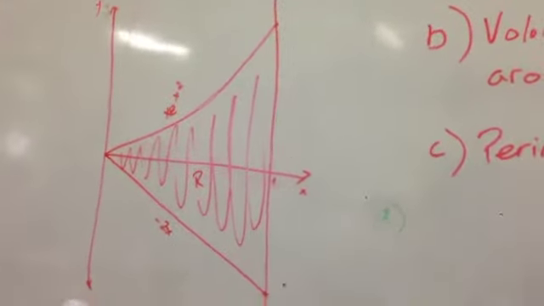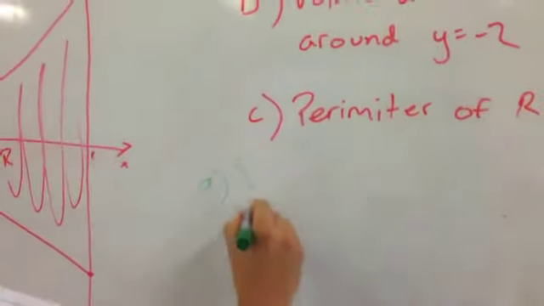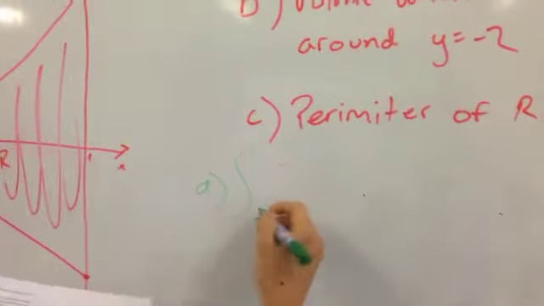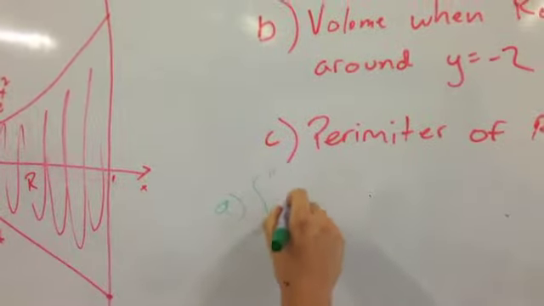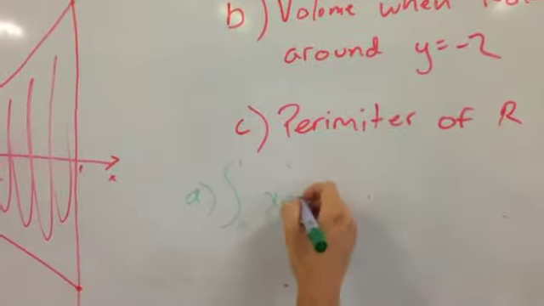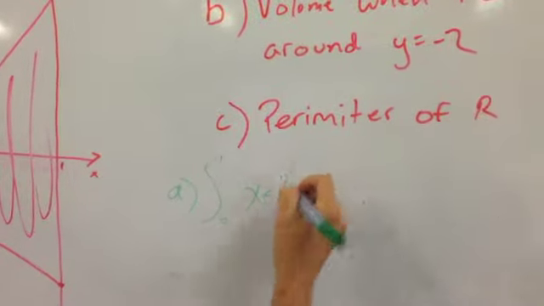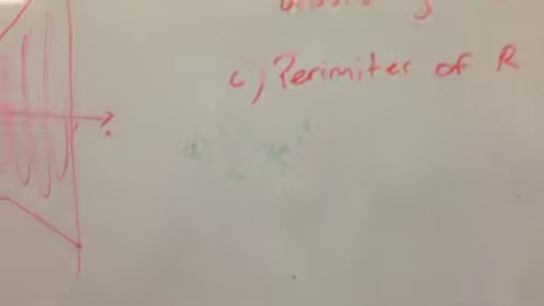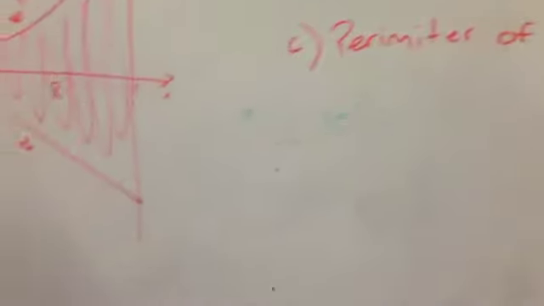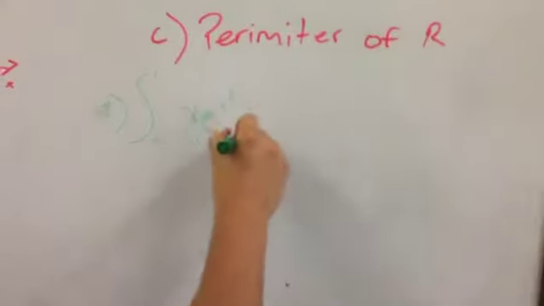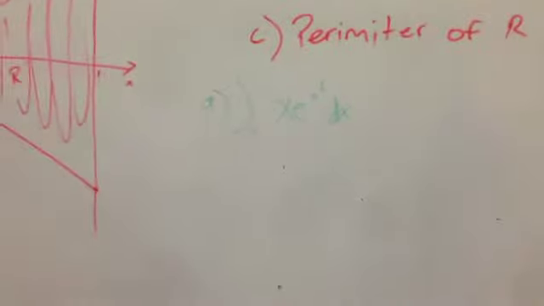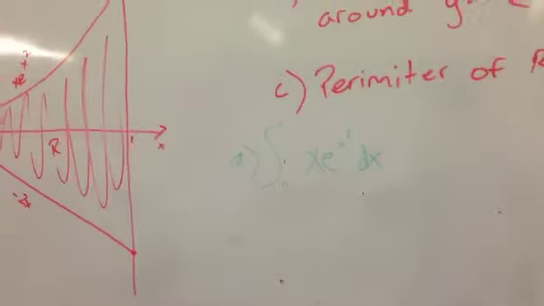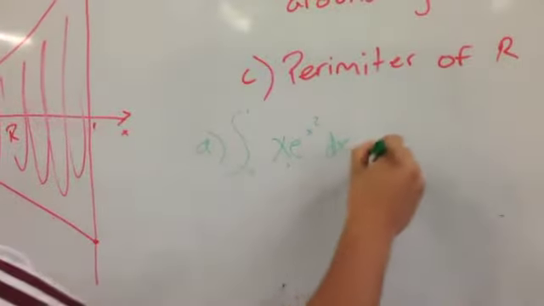To do this, we found the integral from 0 to 1 of x e to the power of x squared dx, and we plugged this into the calculator. It gave us a number around 0.859.